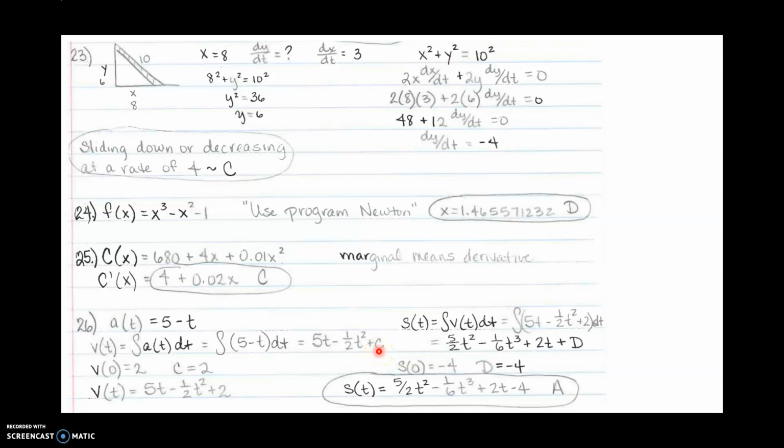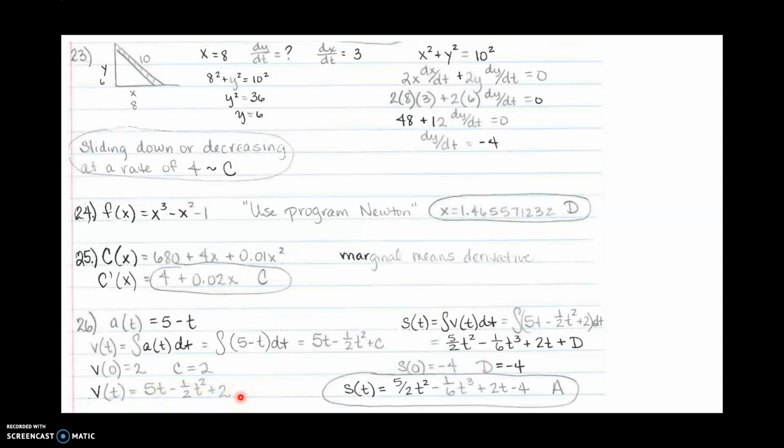Then they told me for my velocity that v of 0 is equal to 2. That means that if you put 0 in for t in that equation, the answer you get is going to be 2. So if I put 0 right there and 0 right there, I'm going to get c is equal to 2. So if c equals 2, put a 2 right there, and there's our equation for velocity.